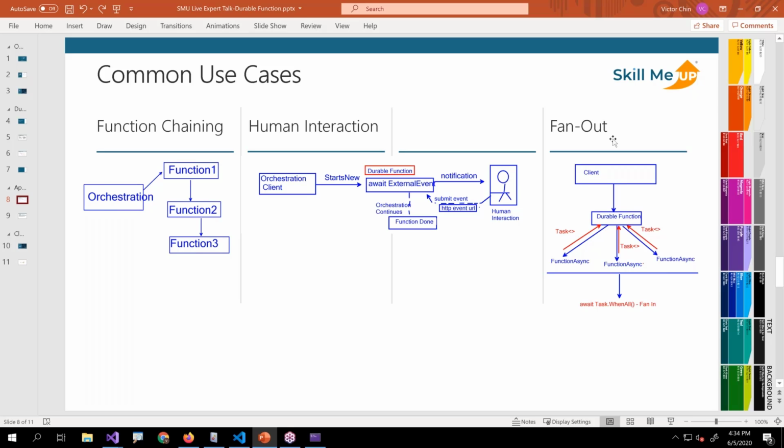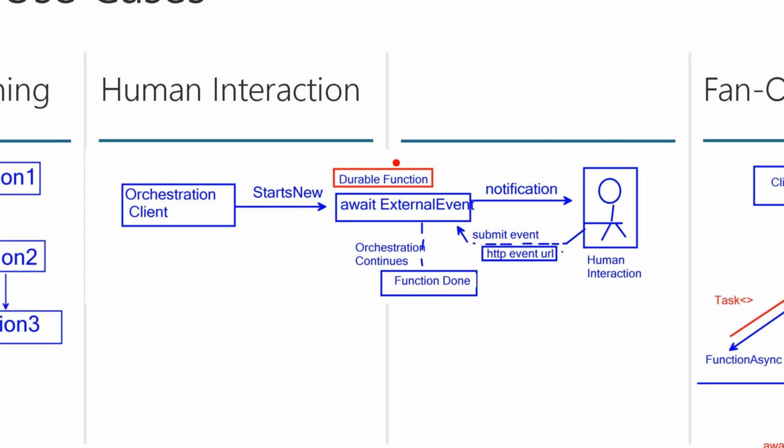Now, in the human interaction, the sample I will show you came directly from Azure Durable Functions. I will be using an SMS service. The durable function will use Twilio to send a randomly generated 4-digit code.